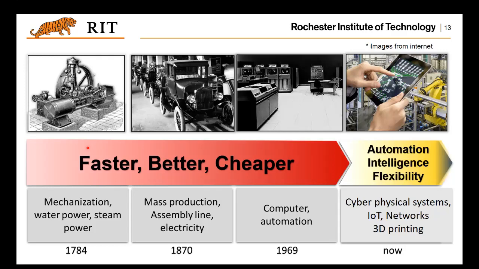In the fourth industrial revolution, the central question is how we could give design and manufacturing more automation, intelligence, and flexibility. That means we could have more customized products instead of zillions of identical products, with more automation.